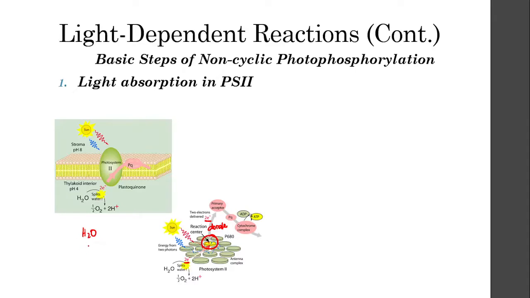I'm going to do this now, but later on you will see this again. So how do we split water? When we talk about splitting water in the first part of our light dependent reactions, we're not talking about just splitting H and O. What we're actually splitting is the H. Remember, H is just an atom, and this atom has one proton and one electron.